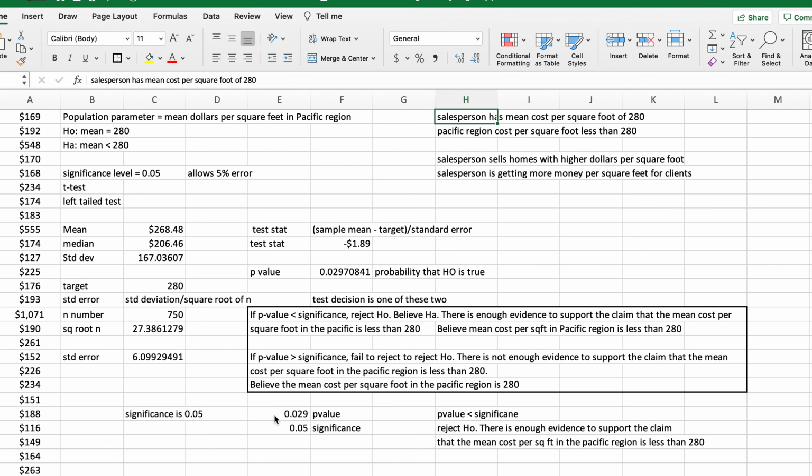Okay, we know what the salesperson has, 280. What don't we know? The Pacific region. Okay, so that's how you'll write up your assignment, and be sure to screenshot your histogram and insert it in the template. That's the end of our lesson.